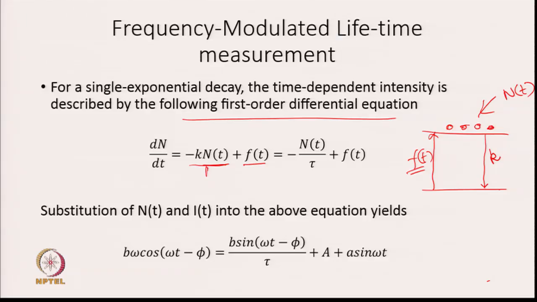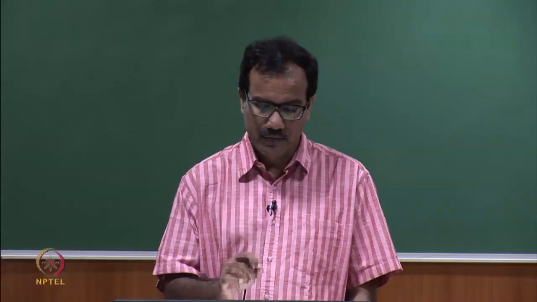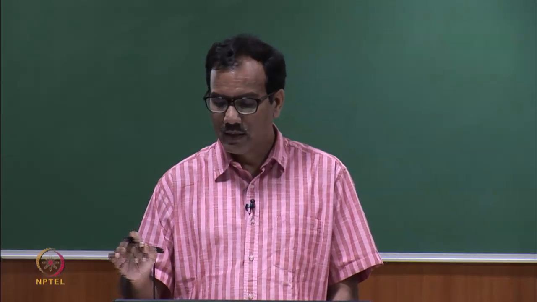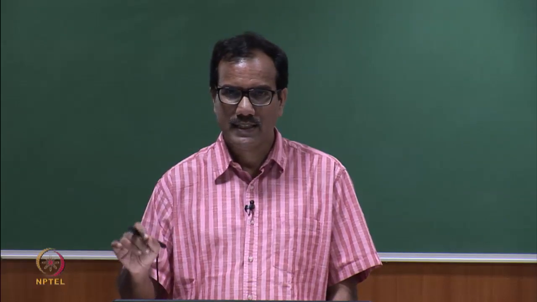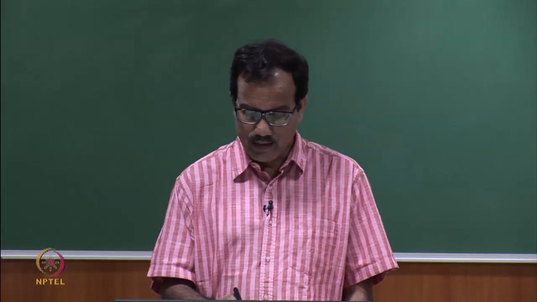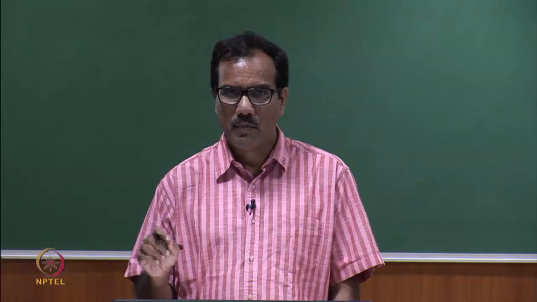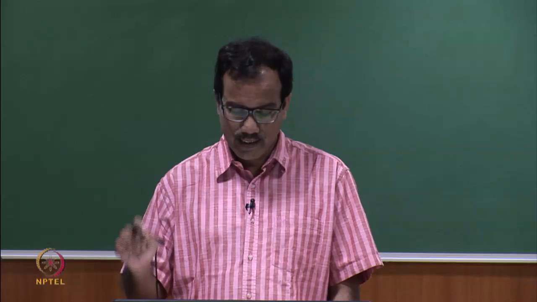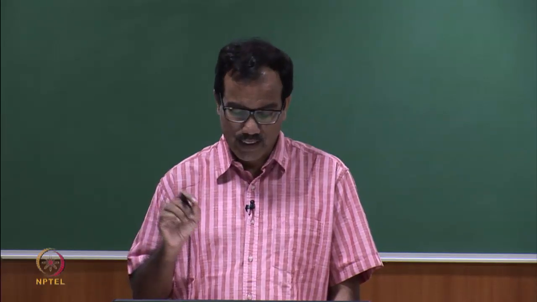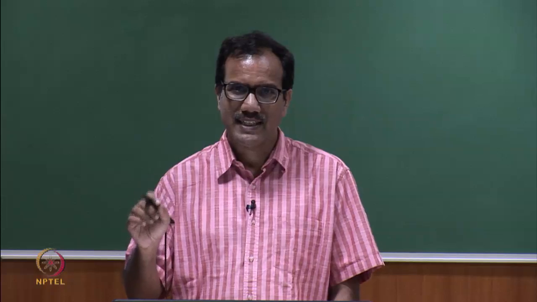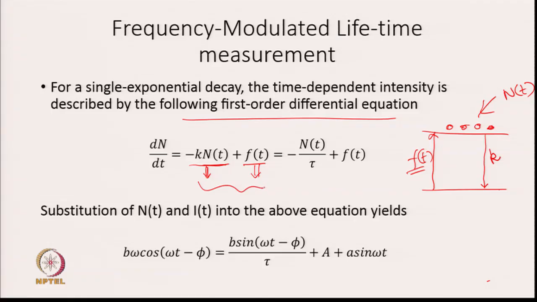Again, this term tells you the increase in the number of fluorophores in the excited state due to excitation, and this is your decrease in the number of fluorophores in the excited state due to emission.